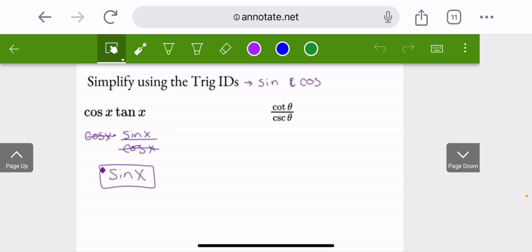Then we have cotangent and cosecant as our next one. Cotangent, when we write that as a fraction, is cosine over sine, so cosine of theta over sine of theta. And our cosecant, that's the inverse of sine, 1 over sine of theta.